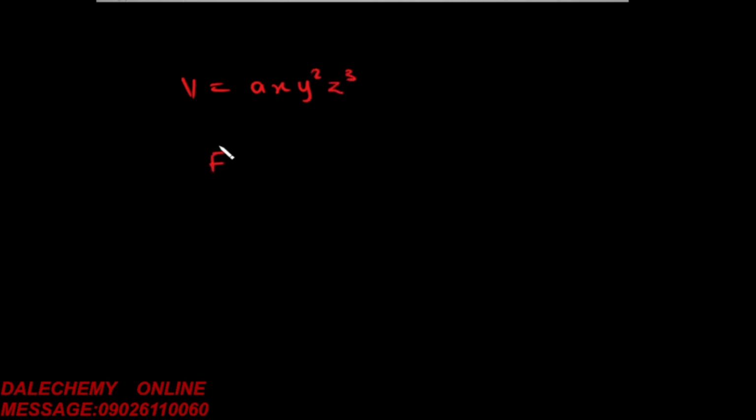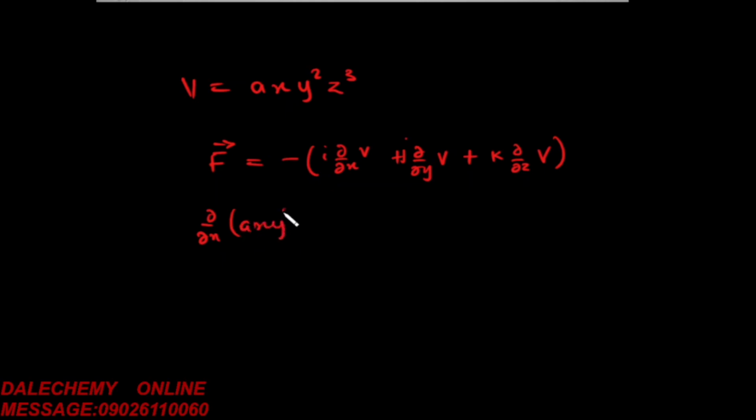So your force will still remain minus, in brackets, i d/dx V plus j d/dy V plus k d/dz V. So you find d/dx of V, which is a x y squared z cubed. That will be with respect to x, that is going to be a y squared z cubed.